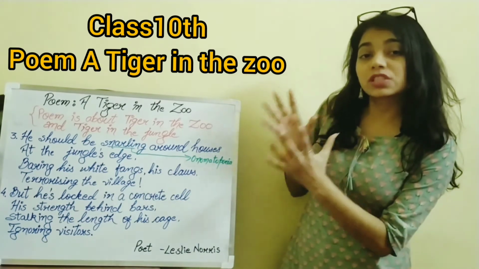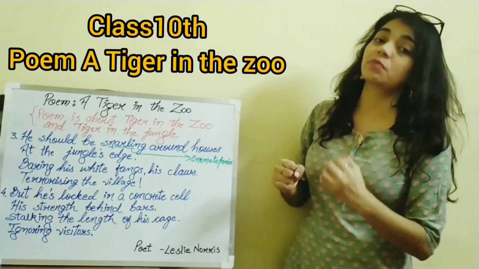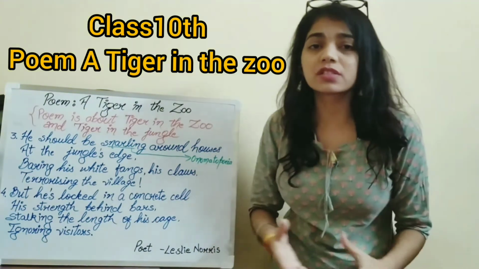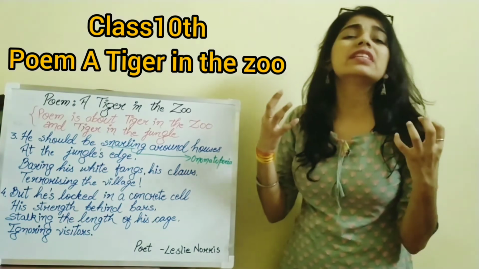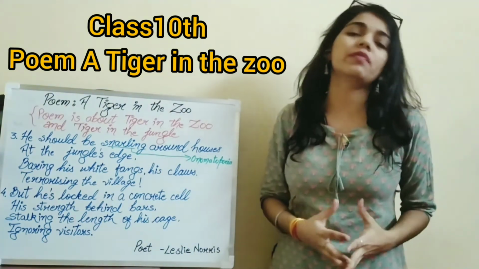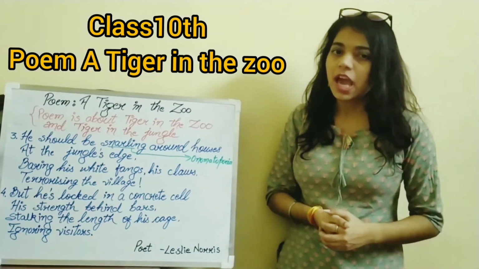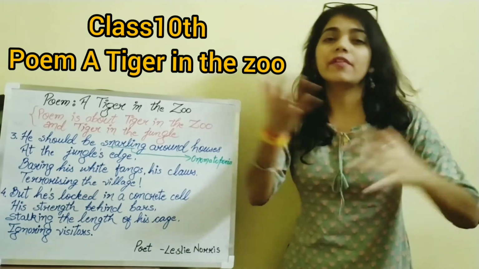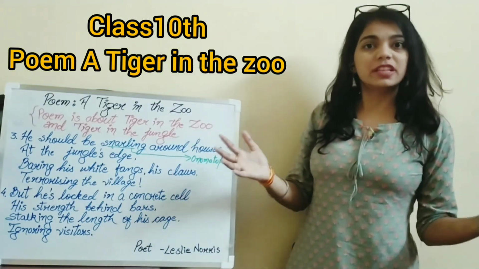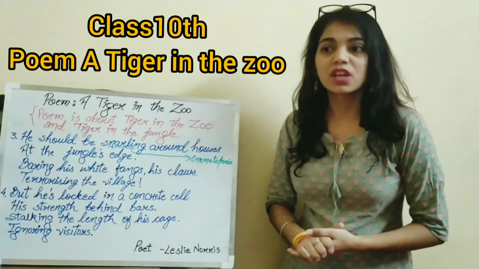So the tiger is in a cage, and his strength behind bars. He cannot show his strength. He's so sad that he's even ignoring the visitors. He's not happy that someone is coming to see him, as the tiger wants to terrorize the village, not sit there while people come to see him.